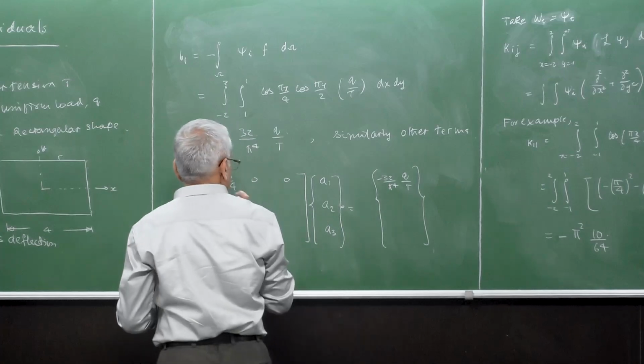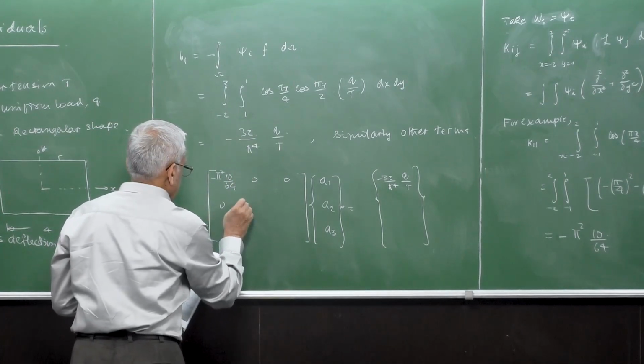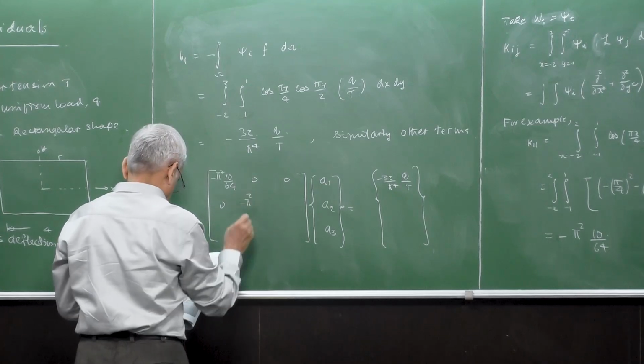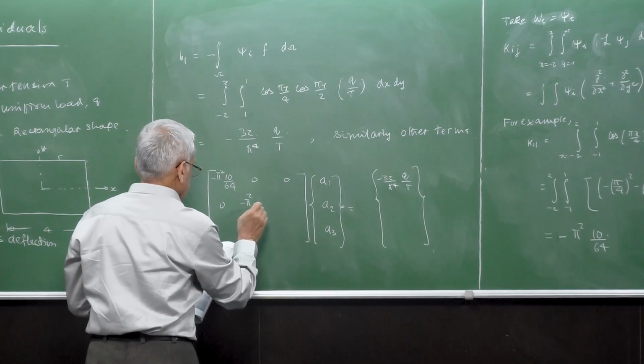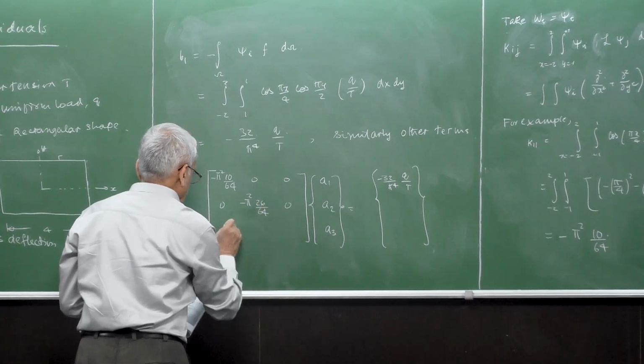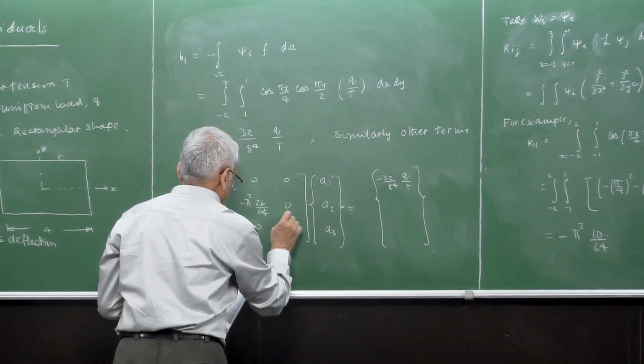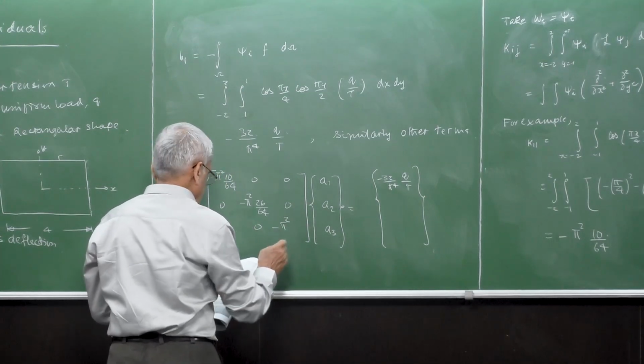Q is the intensity of the loading, the uniform loading. So the third row is like this.